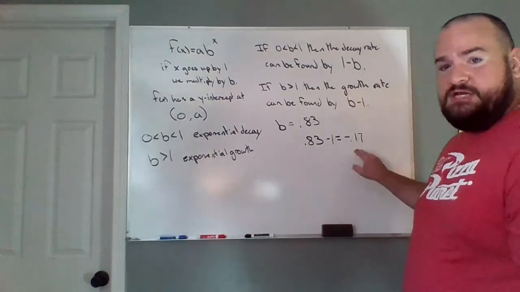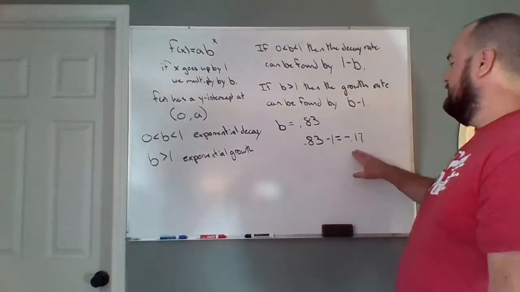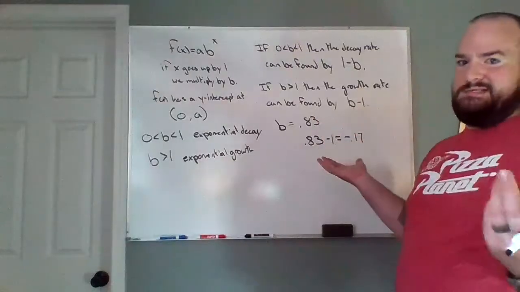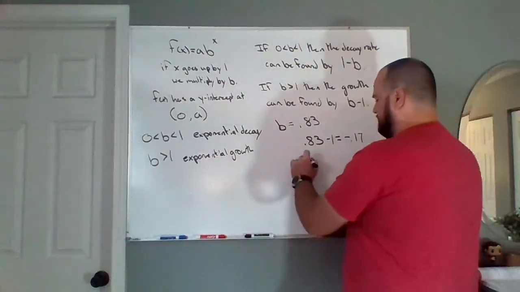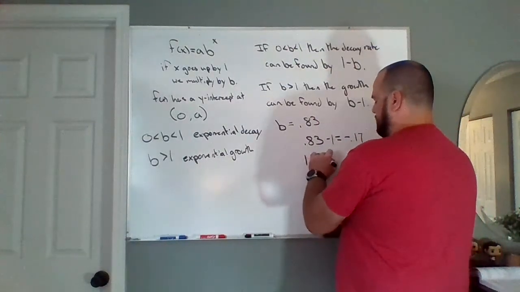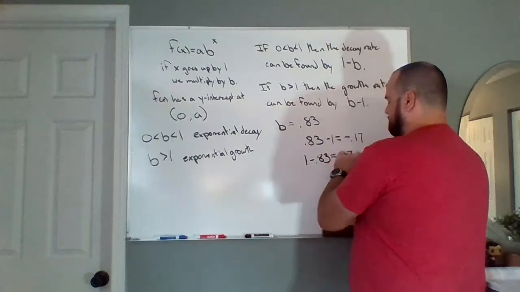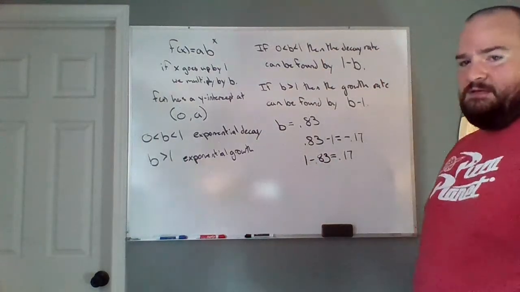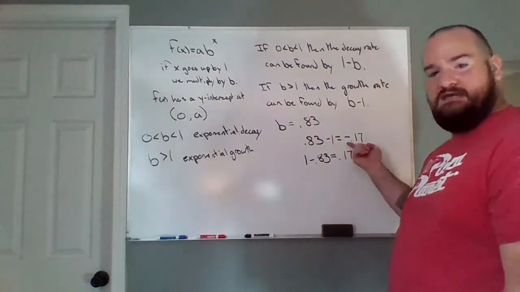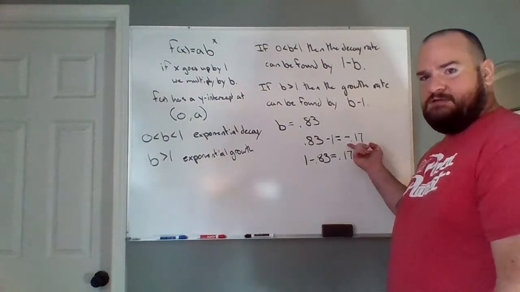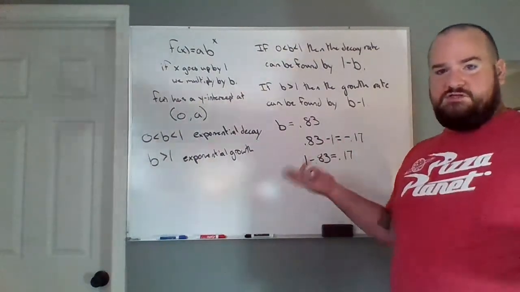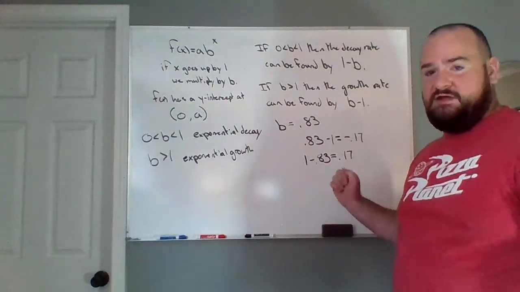Your growth or decay rate should never be negative. So if you end up with a negative, you go, oh, I mixed my formula up. And then you just go, okay, so it should actually be 1 minus 0.83. And lo and behold, that's just 0.17. So if you ever get a negative number for your growth or decay rate, just go, oh, I did the wrong formula, and then just remove your negative, and now you have your decay rate.